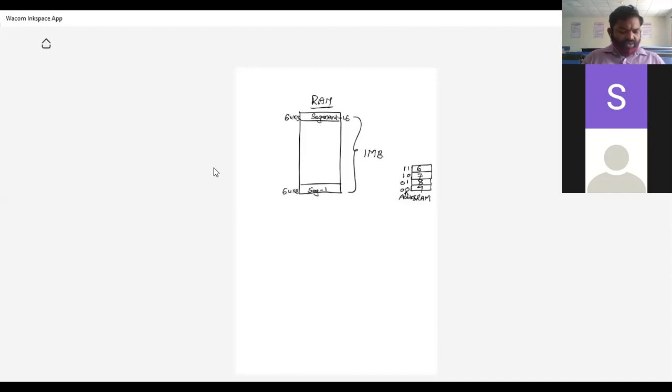Similarly, whenever we need to access data from the RAM, the address is very, very important. That depends on the size of the RAM. For example, if the RAM size is only 2 bytes, a single digit address is enough. If the RAM size is 4 bytes, then a double digit address is required.